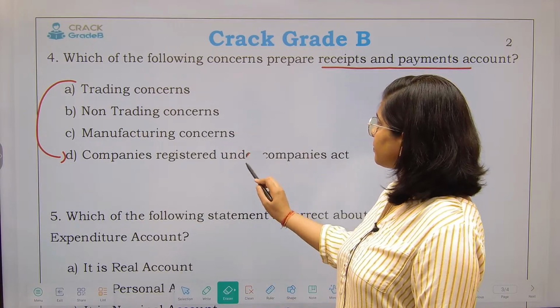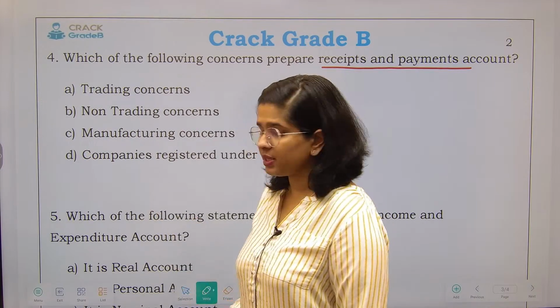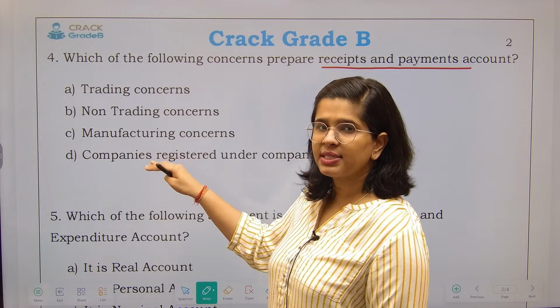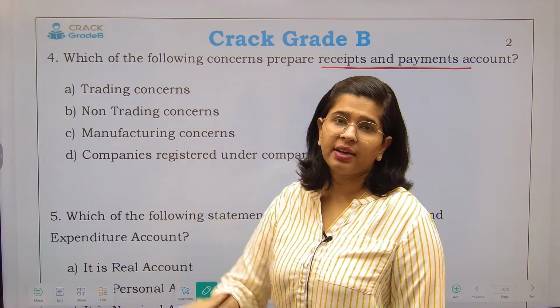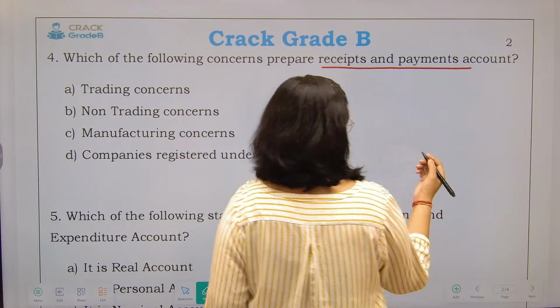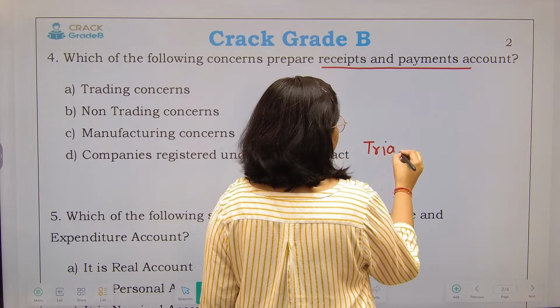Now, for all those people who know the basics of accounting, they must know that the companies registered under the Companies Act, manufacturing organizations, trading concerns, primarily prepare such kinds of accounts. They do prepare a trial balance. Trial balance is a must.